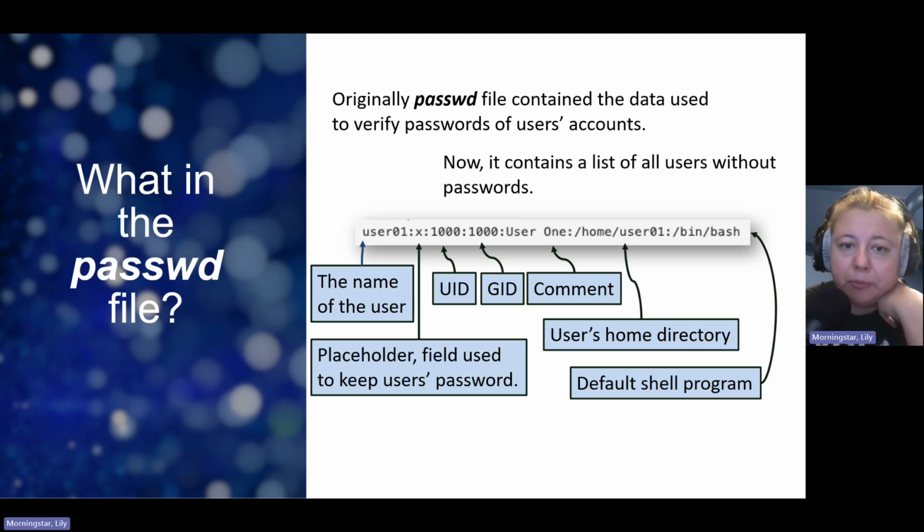And then the default shell program. In a past lesson, we learned how to edit the shell program to make changes to your shell. So each individual user can edit their bash shell and make it unique to their preferences.